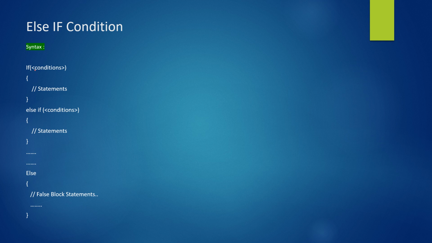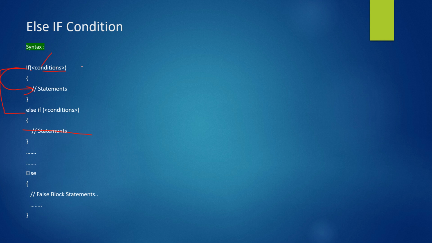If the conditions specified in the if condition are satisfied, it will execute all the statements inside the if block. If the conditions are not satisfied, then it will go to the else if, verify that condition and execute that statement.